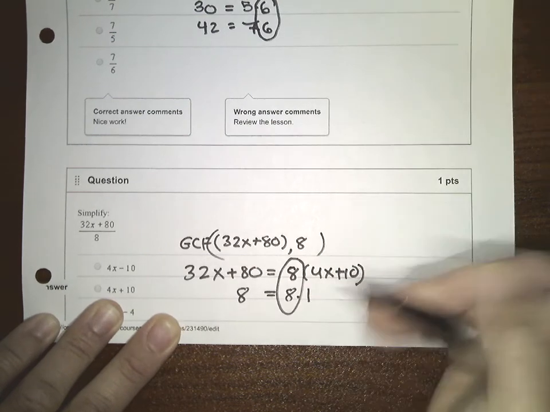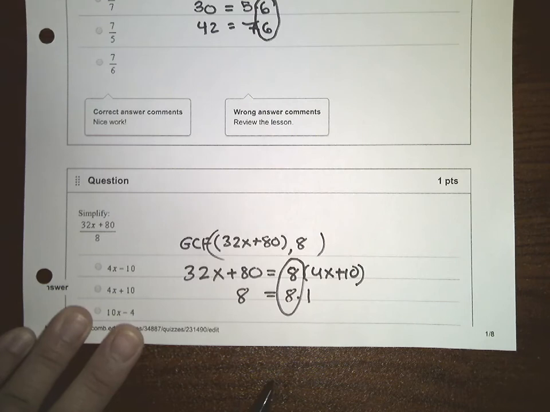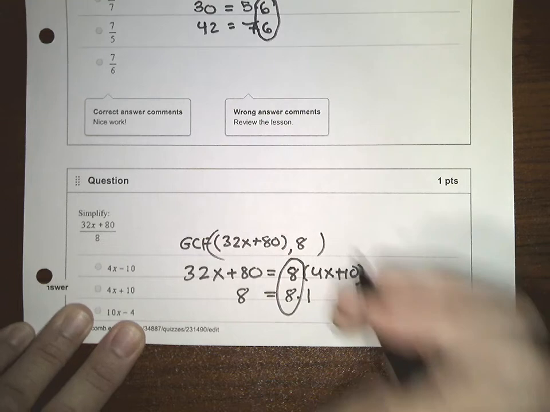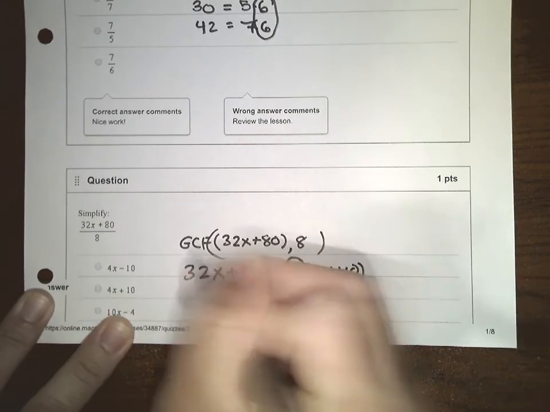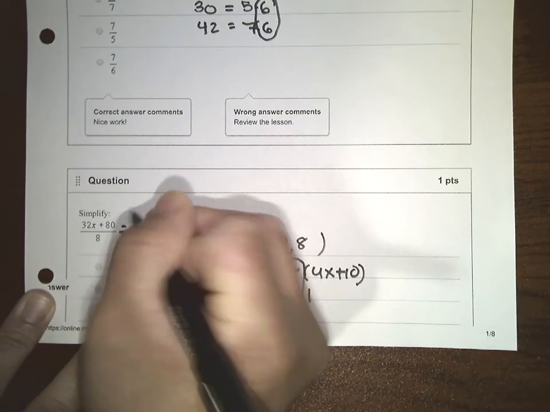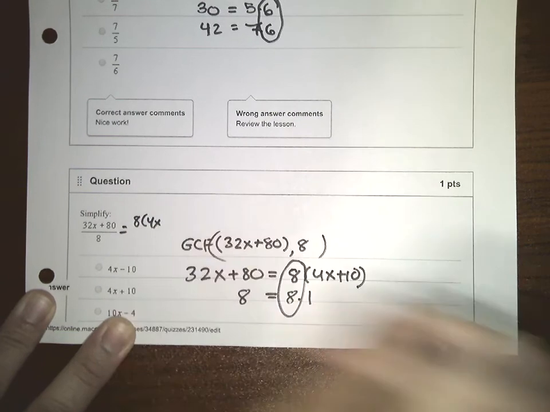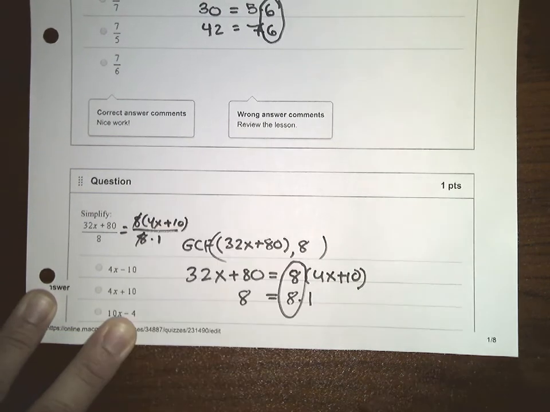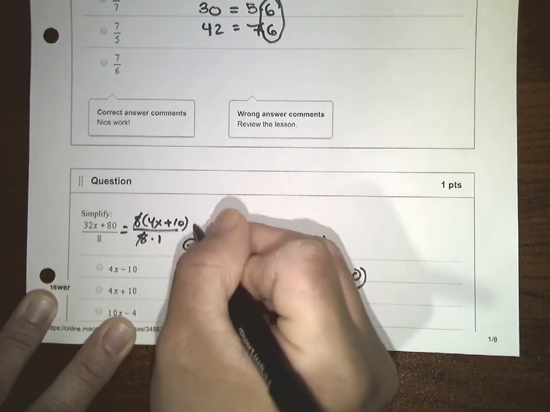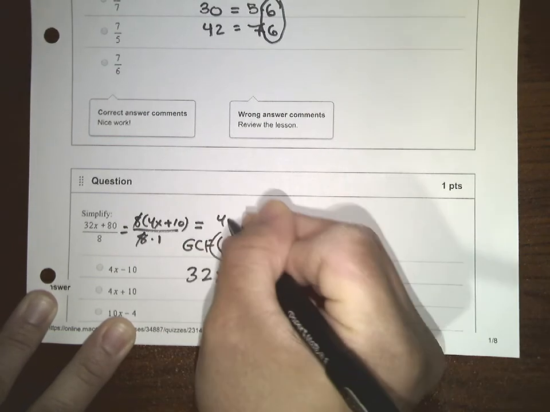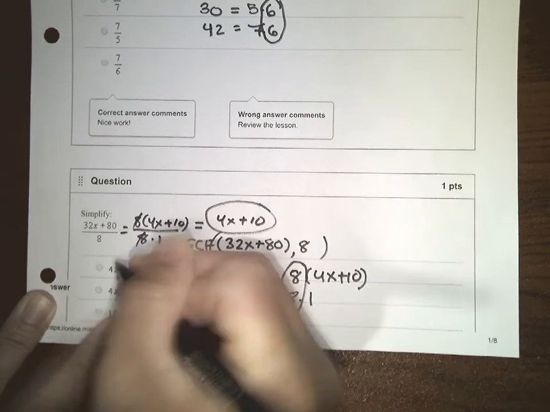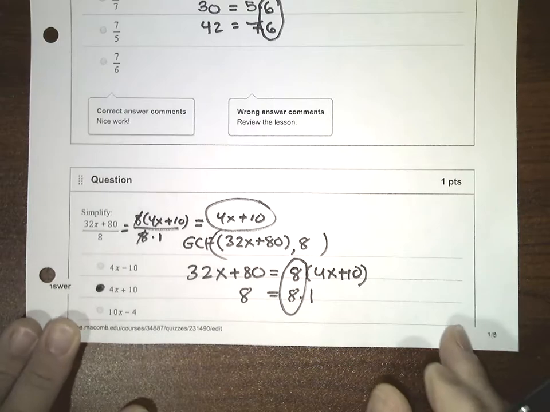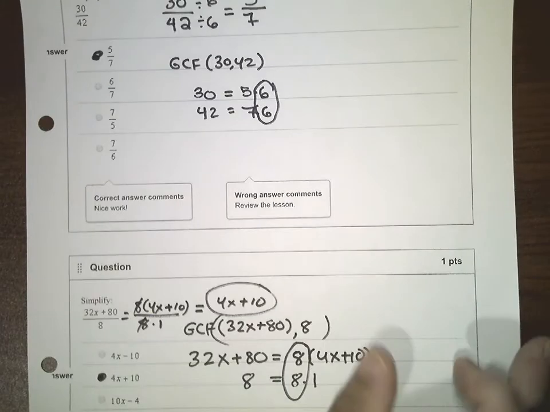So 8 is the largest number that goes into the numerator and denominator evenly. I rewrite this as 8 times 4x plus 10 over 8 times 1. The 8's divide out, so that will end up being 4x plus 10.